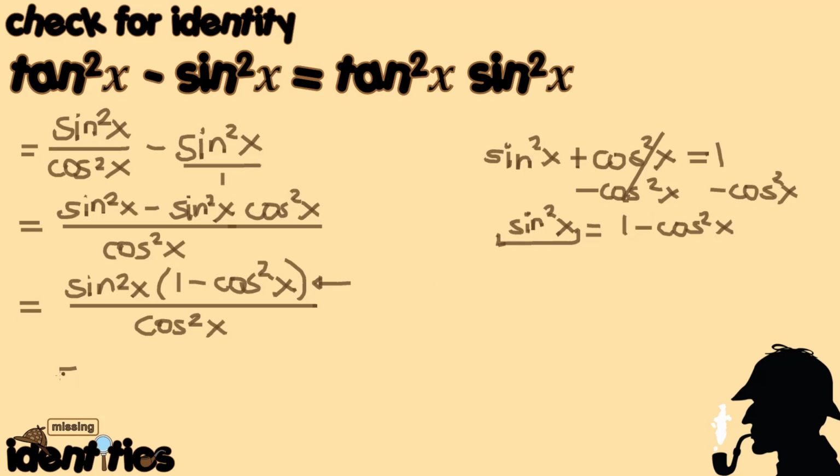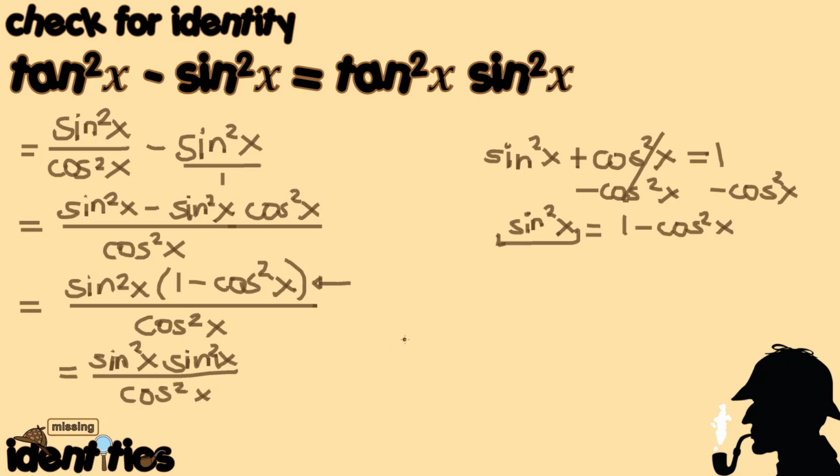In short, you will have here the product of sine squared x and another sine squared x, which is the same as 1 minus cosine squared x here. This is over cosine squared x.